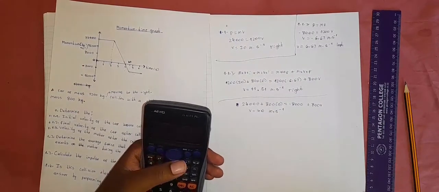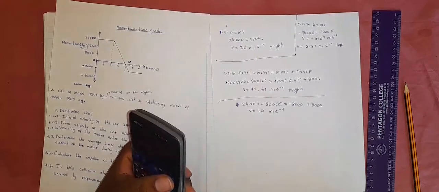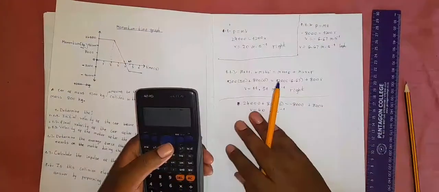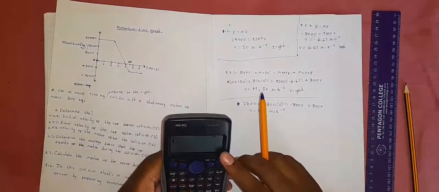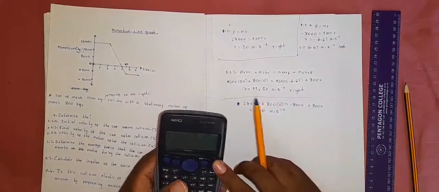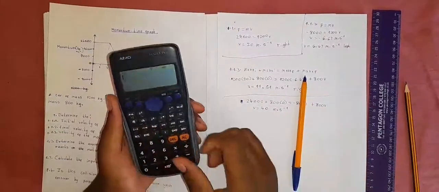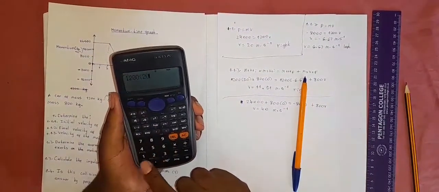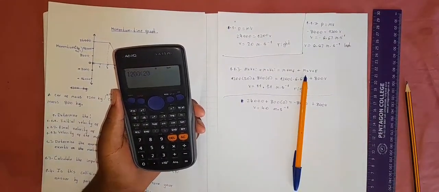But why are my answers not corresponding with each other? Did I make any mistake here? Let me check. I think I did make a mistake here, because these answers must be the same. Let me recheck. So let me see. 1,200 times, I am sure you saw the mistake, but trust me, I didn't see the mistake.